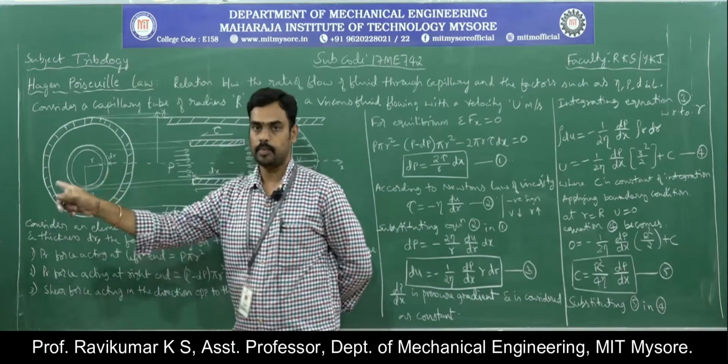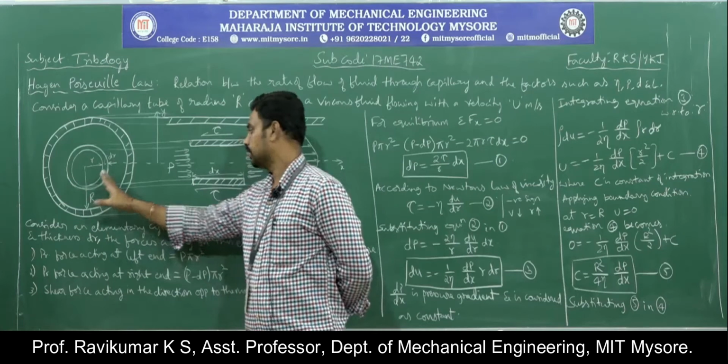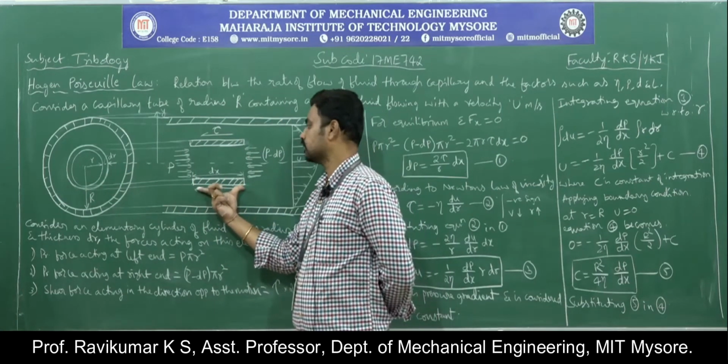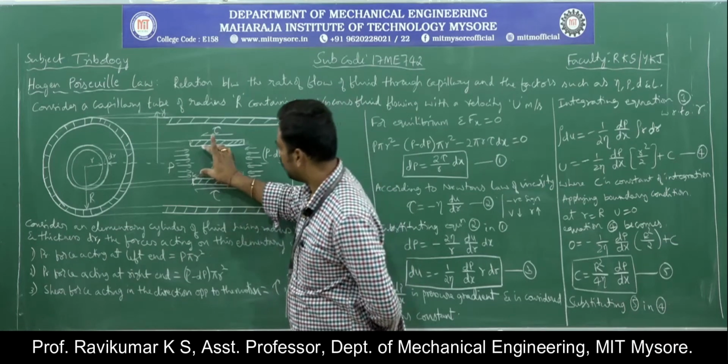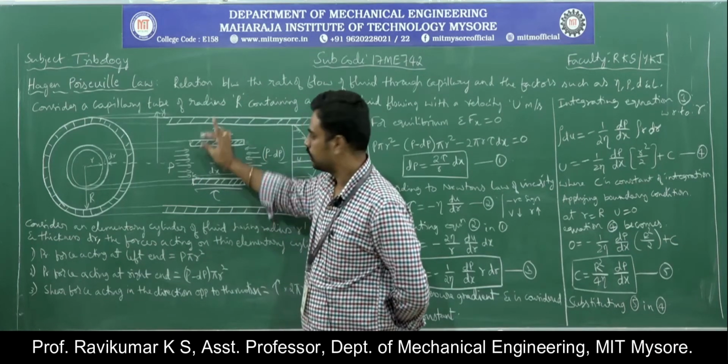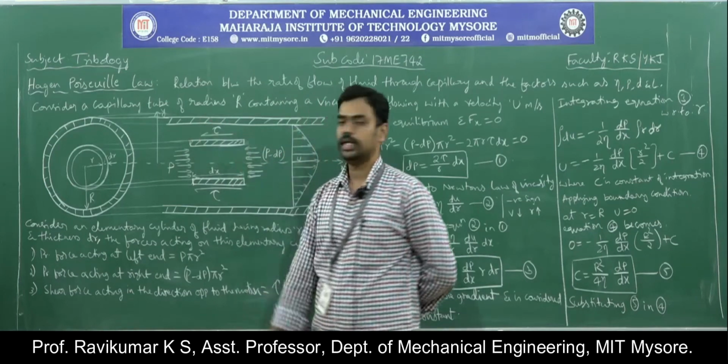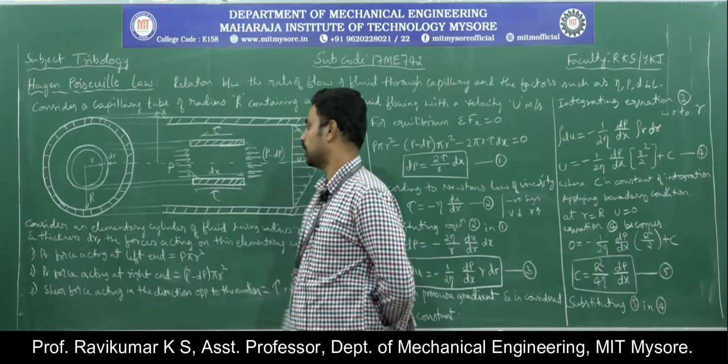The length will be perpendicular to the board. In the side view it is drawn, so the length of the element of fluid considered is dx, the radius is small r, and the thickness is dr. Okay.